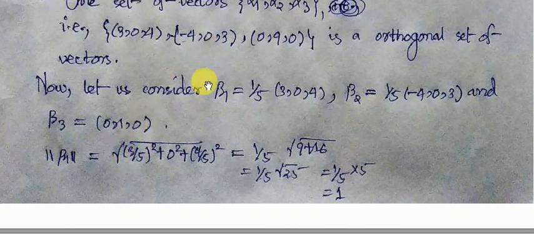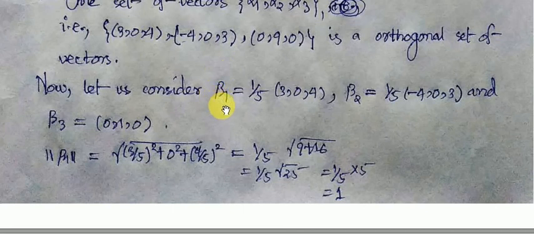The norm of beta 1 vector, we all know how to calculate the norm. This is equal to the root of the addition of all the squared components of beta 1 vector.